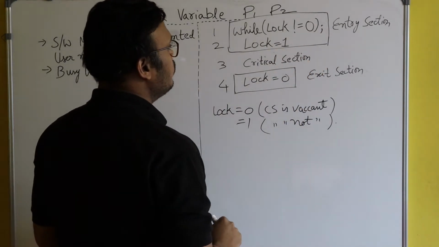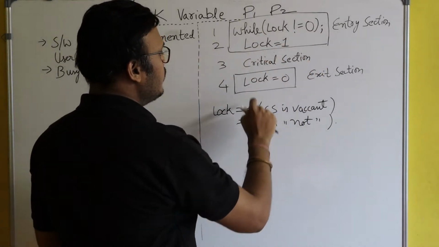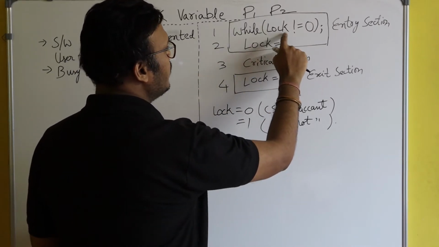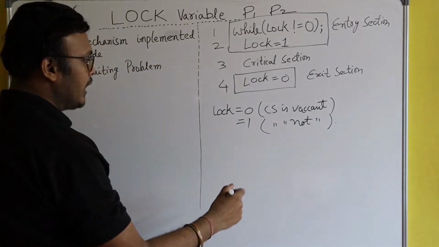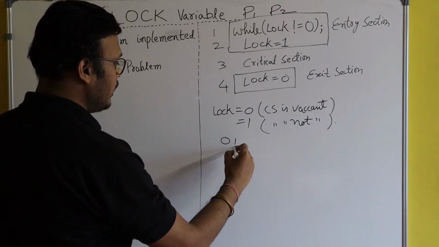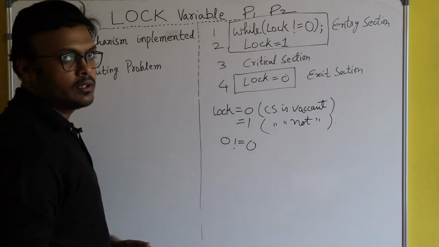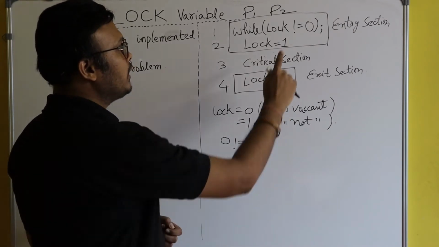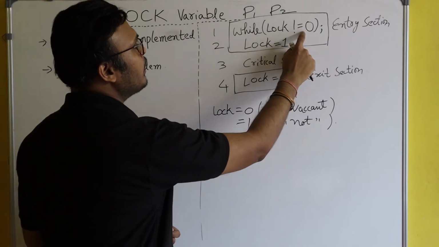If the lock value is 0 because the critical section is vacant, then it means 0 is not equal to 0. Is it true or false? Obviously it's false. 0 is obviously equal to 0, but here it is written 0 is not equal to 0.